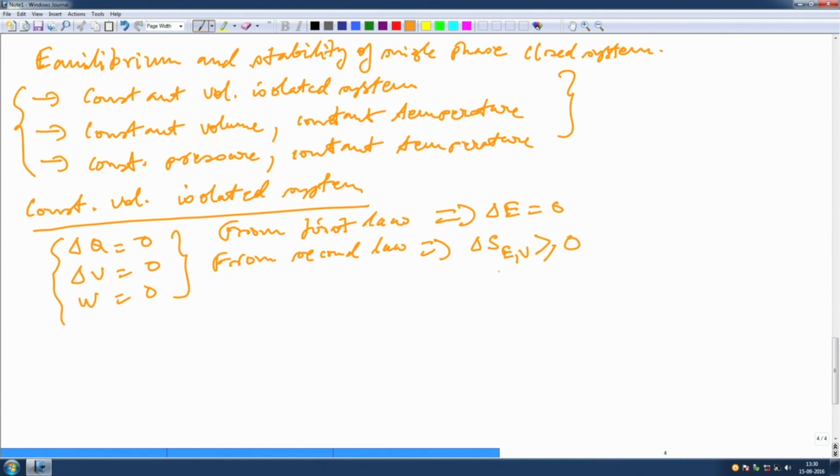So, this proves that for this isolated constant volume system, the system entropy always increases for spontaneous, irreversible finite processes.